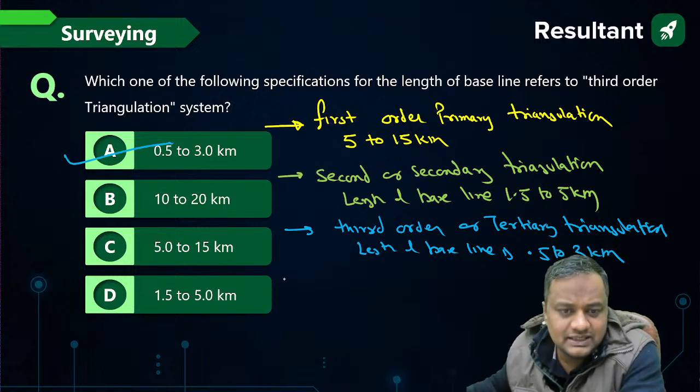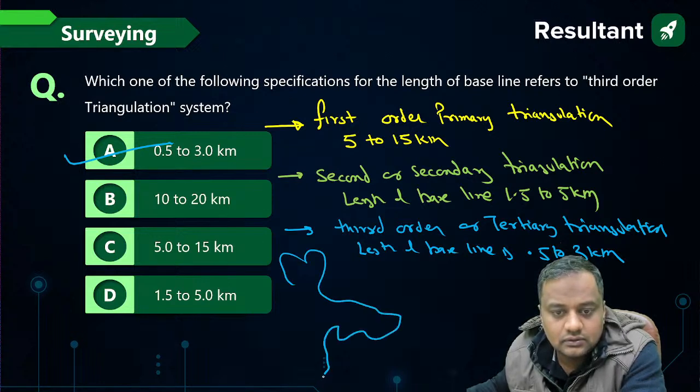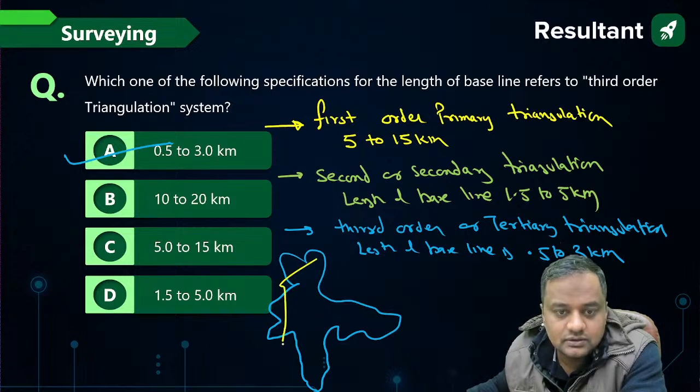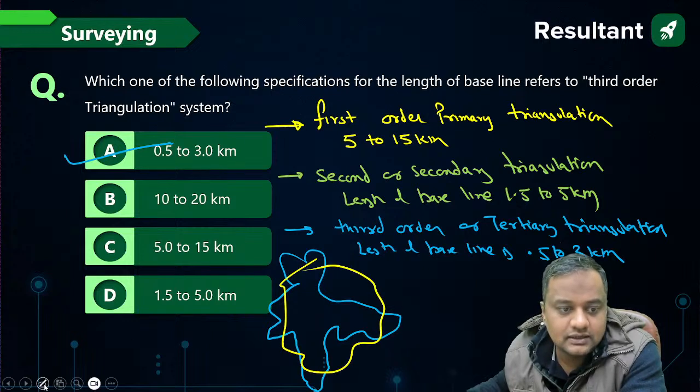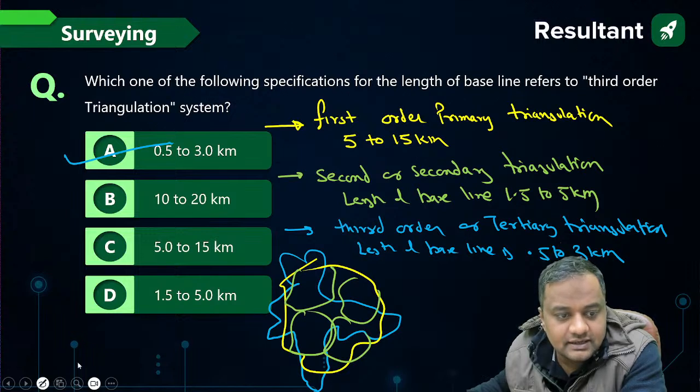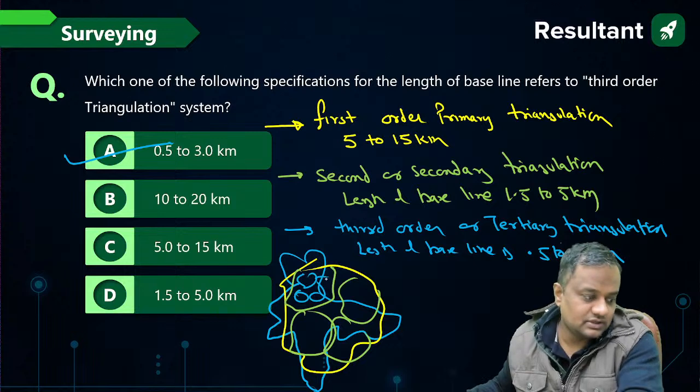And what does this mean? Suppose this is India. First, primary triangulation is done on this. Then inside the primary triangulation we make some secondary triangulation areas. And then inside this secondary triangulation, we do the tertiary triangulation.